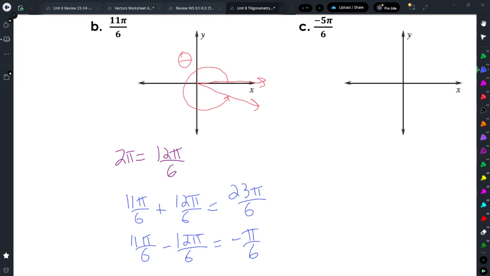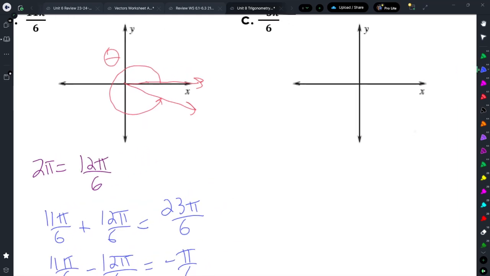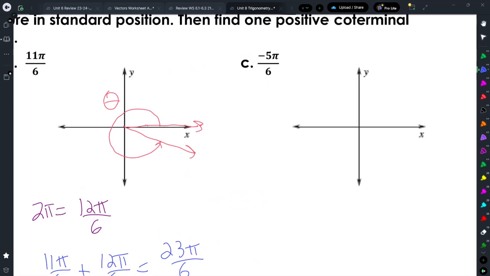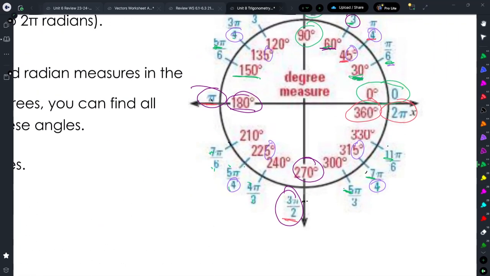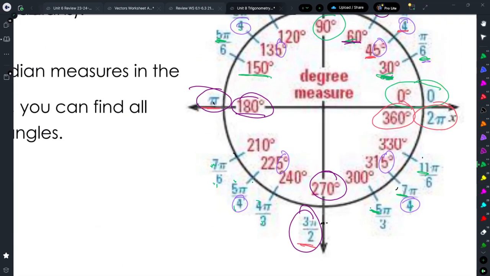All right, now, letter C is a toughie because it's a negative angle. So remember, negative angles go clockwise, not counterclockwise. So instead of going in this direction, 5 pi over 6, I'm going to go in the other direction, 5 pi over 6. And the weird thing, or I guess the nice thing about pi, is that positive pi and negative pi are at the same place.